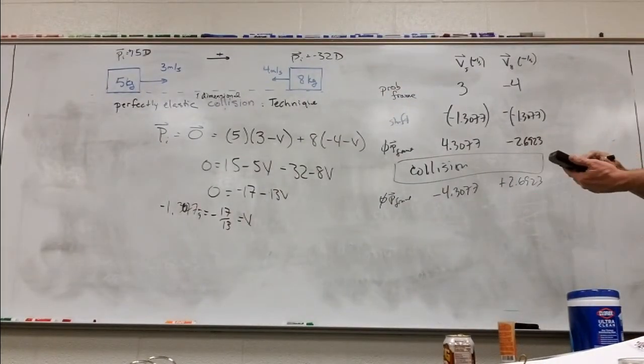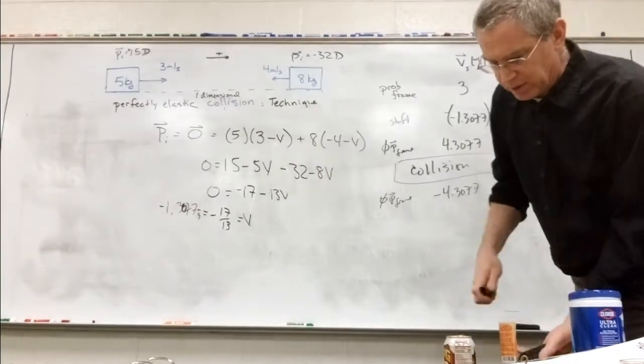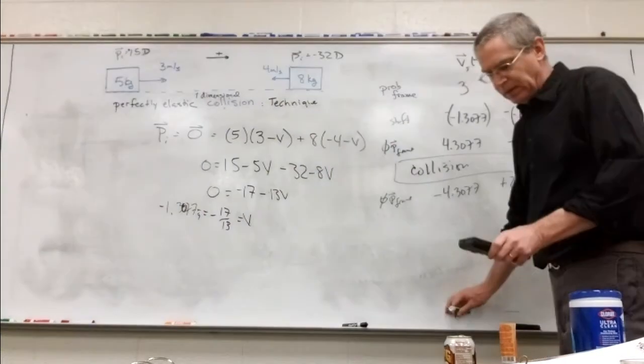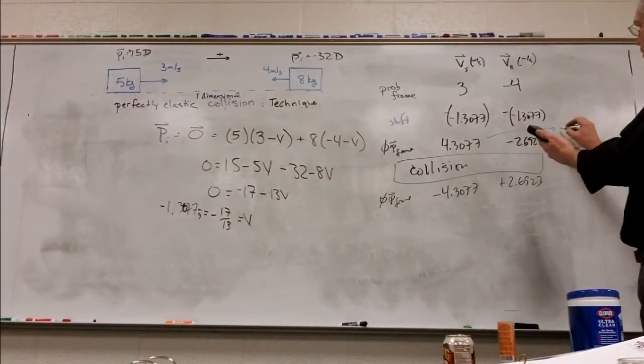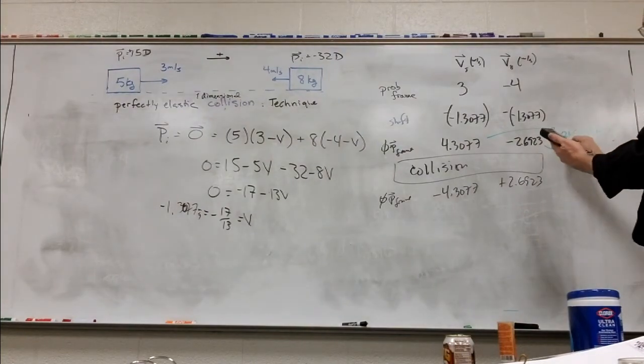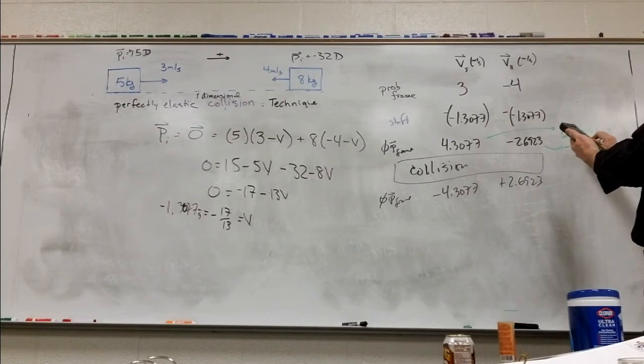The total momentum here, so it's 5 times that. 4.3077, enter. 5 times. So my momentums, and let's do it in a different color just to differentiate. This is 21.5385 Newton seconds. And this one, 8 times 2.6923 negative, negative 21.5385.